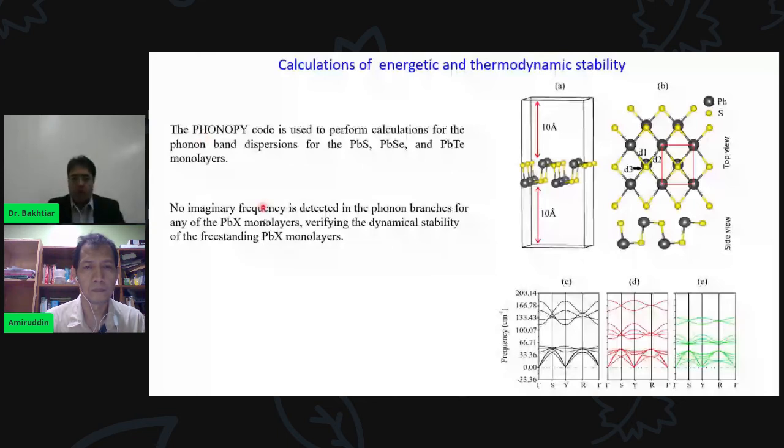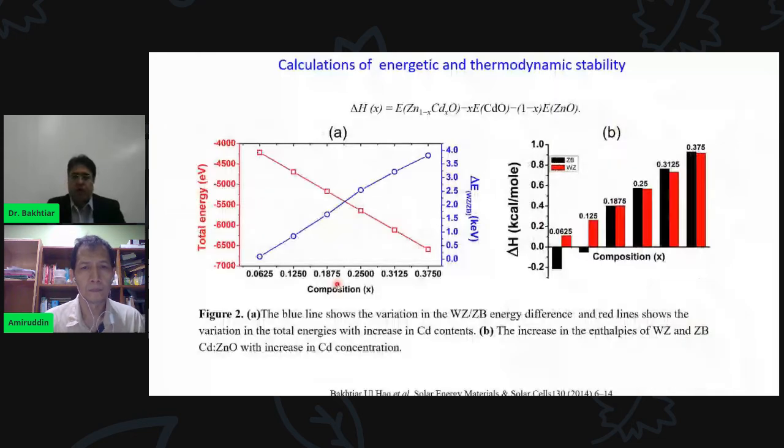One can also calculate the formation enthalpies for different types of materials and alloys, like we did for cadmium doped zinc oxide using this formula. So what we did, we calculated the total energy for the alloy, the cadmium doped zinc oxide, and then we calculated the total energy for cadmium oxide and zinc oxide separately, and used this formula to find the formation enthalpy.